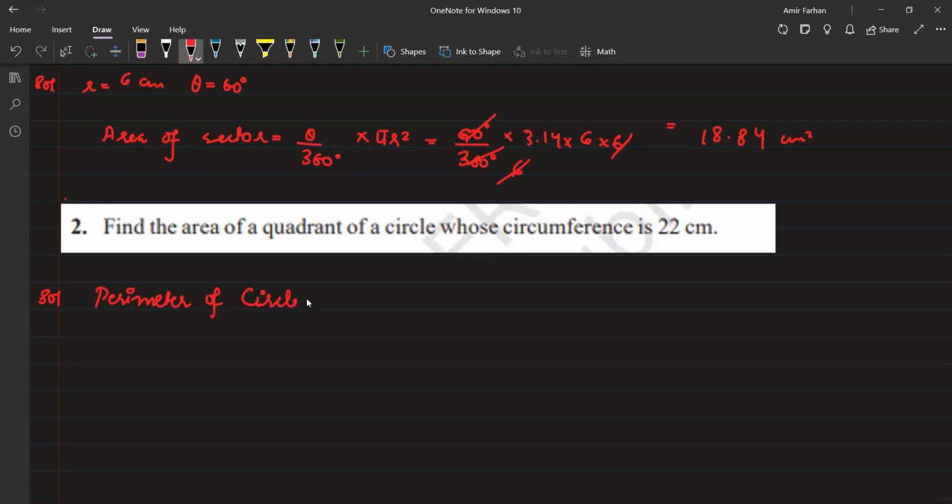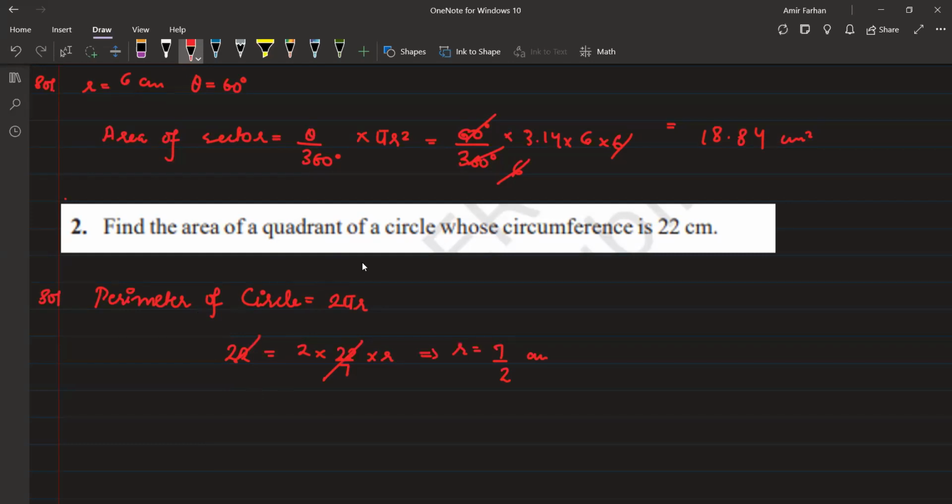The perimeter of the circle is given as 22 centimeter, so 2 pi r with pi as 22 by 7 equals 22. Radius is not given, so we need to calculate the radius from this equation. So r will be equal to 7 by 2 centimeter. 7 goes there, and it comes here as 7 in the numerator divided by 2. Clear? Yes.